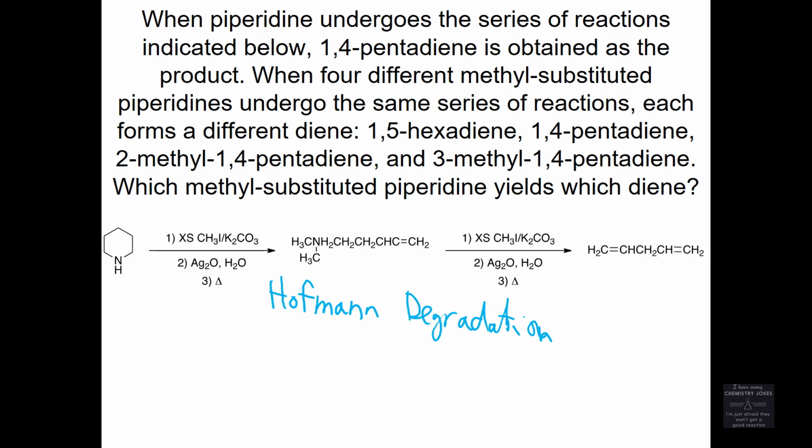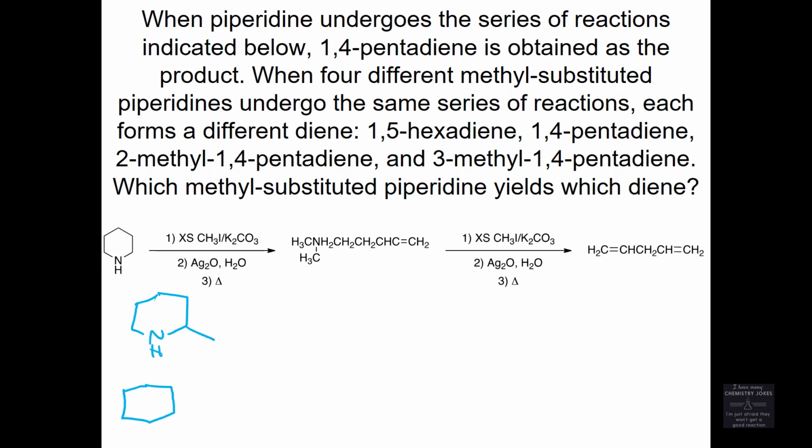So let's start with drawing the methyl-substituted piperidines. There should be 4 of them. There's one. There's another. There's one. And my last one has a nitrogen methyl substituted thing.